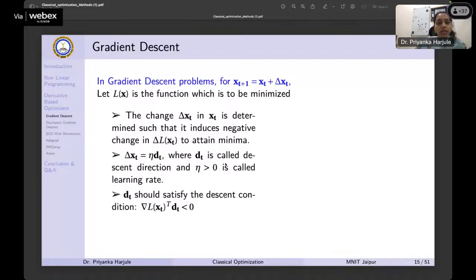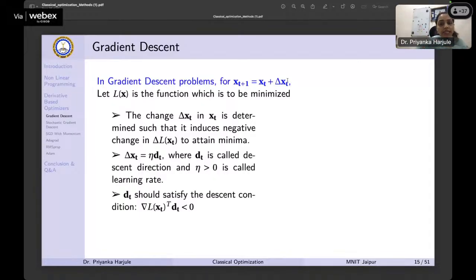Let this change be equal to some eta times dt. Our goal is to find such x which minimizes L of x, so we want to move in a direction that lowers this value. So let us take this change to be eta times dt, where dt is the descent direction.